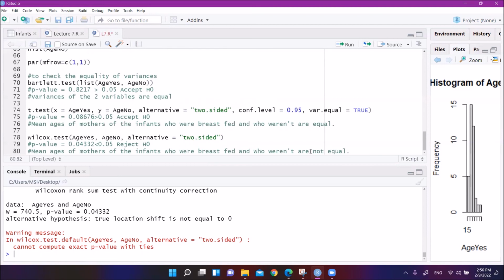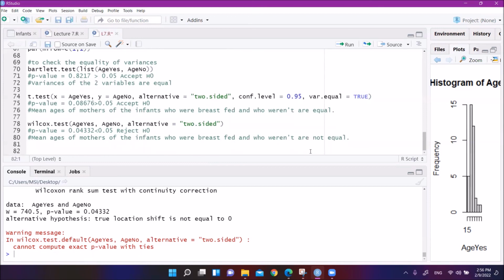Right? Completely contradictory conclusions when we change it from parametric to non-parametric. So assume in the real case, if somebody performed the t-test and concluded that the mean ages are the same for those who breastfed their infants and those who did not, that is a wrong conclusion to the world, right?